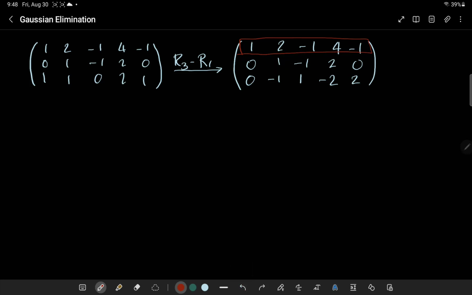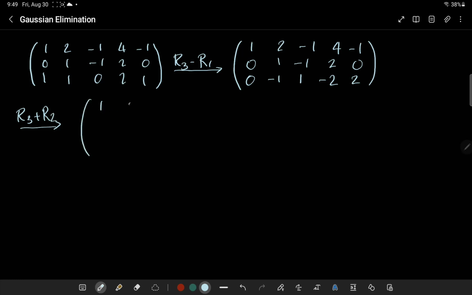And that's going to be our new pivot. So now this is my new pivot, and I'm going to eliminate zeros below that pivot. How do I do that? Well, you see, I have this one. I'm going to add +1 to make it 0. So I'm going to say row 3 plus row 2.